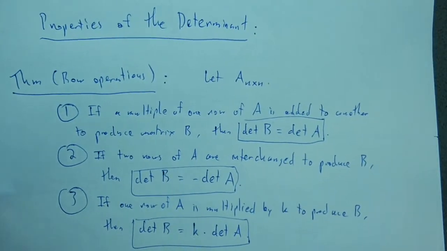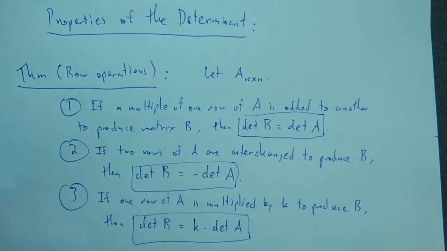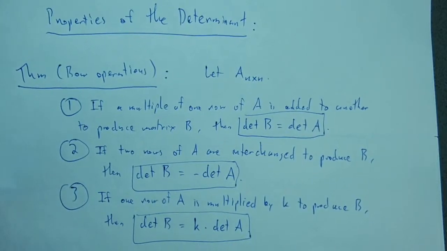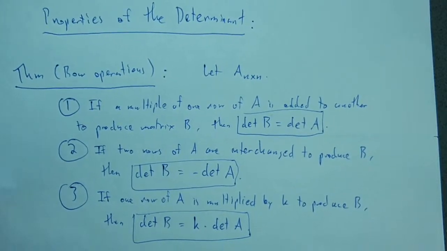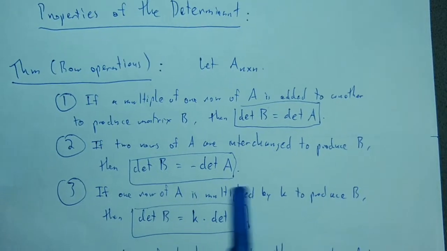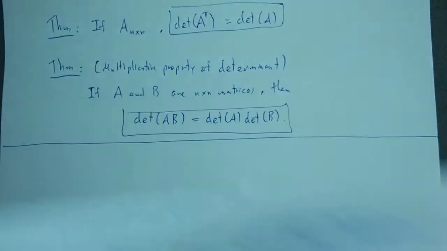If the relationship between A and B is a single row swap, then it flips the sign of the determinant. And lastly, if the relationship between A and B is a single row scaling, it scales the determinant by that same scale factor. Okay, we can apply that to compute determinants of elementary matrices.